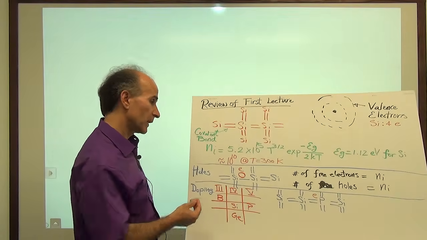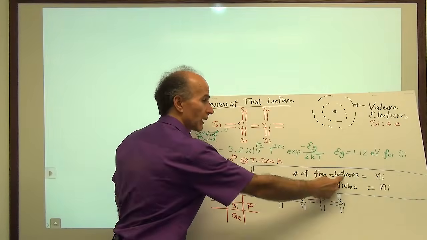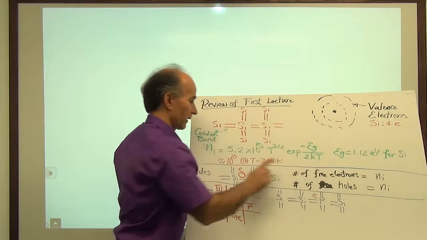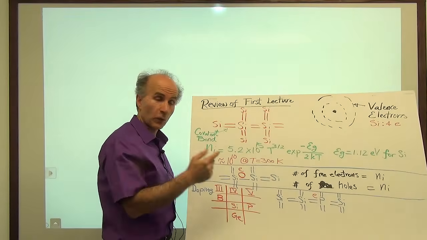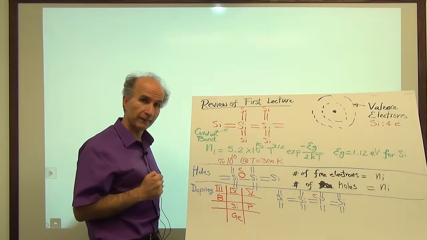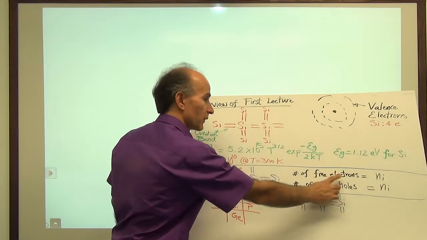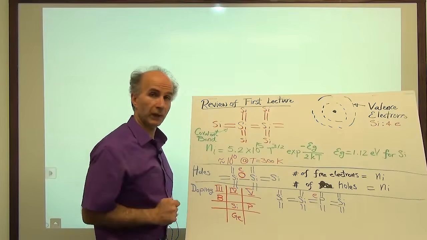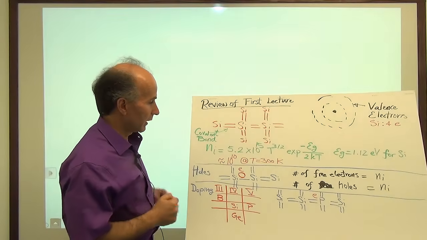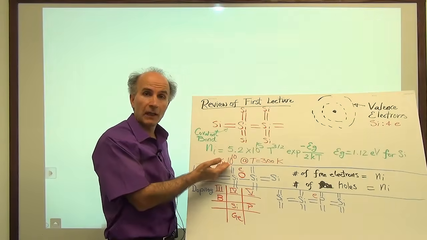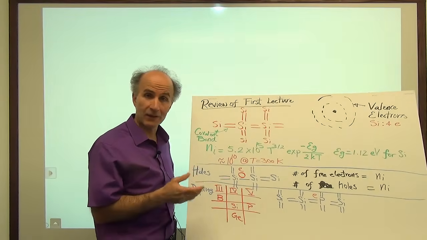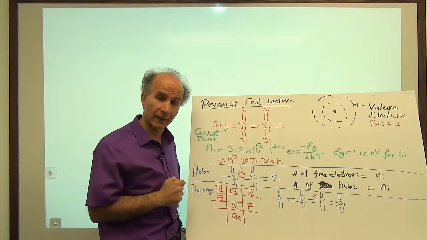And the number of free electrons per cubic centimeter is equal to Ni, that expression, and so is the number of holes because they are created simultaneously. So please remember these two and the fact that they are equal to Ni in pure silicon. Given that we don't have that many free electrons, silicon has a relatively high resistance. It's not a very useful material by itself.